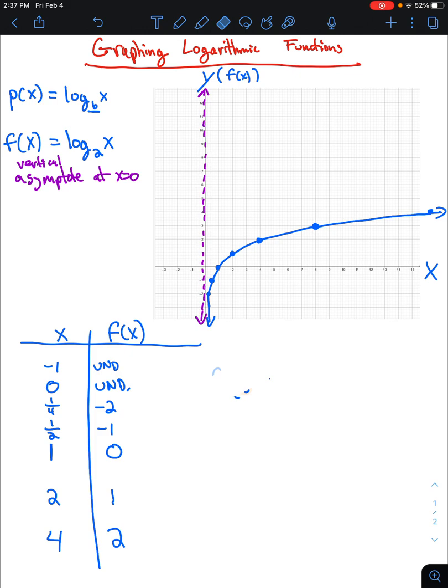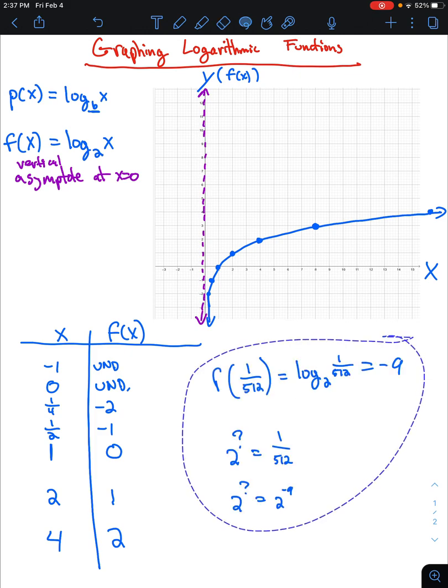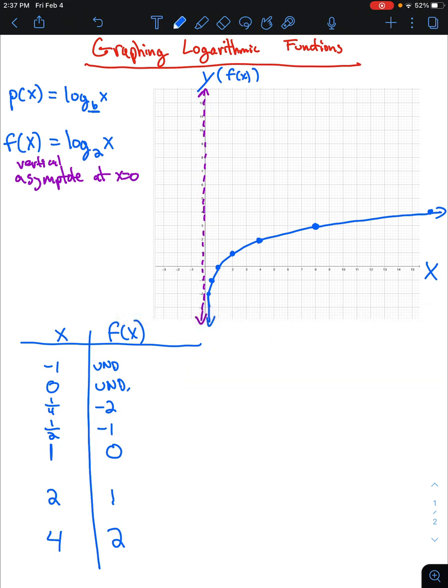So let's wrap this up. We're going to talk domain, range, and end behaviors. Okay, so we said that our domain of our function is from 0, not inclusive, to positive infinity, which we could write as x is greater than 0.